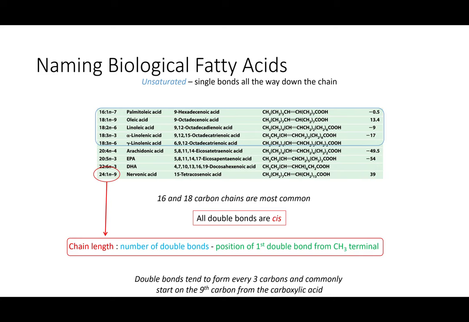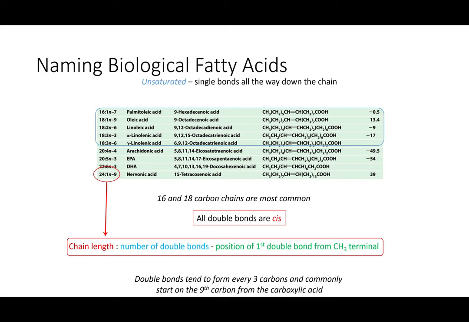We'll say 16:0. What this means, the 16 colon 0, is that the carbon chain is 16 carbons long, and the 0 means 0 double bonds. So this fatty acid would have our carboxylic acid head group. This is carbon 1, 2, 3, 4, 5, 6, 7, 8, 9, 10, 11, 12, 13, 14, 15, 16.